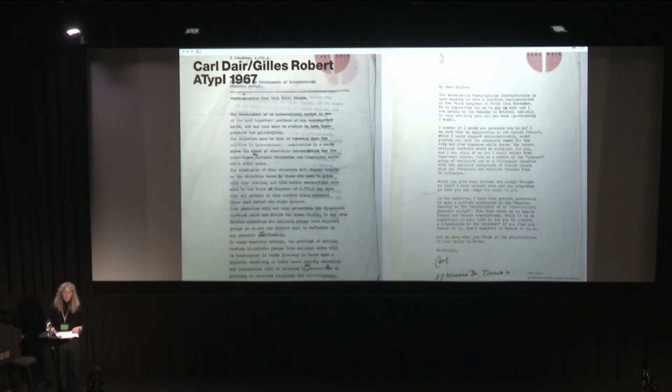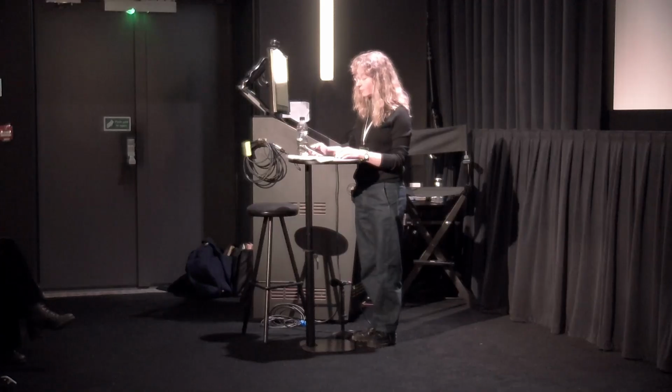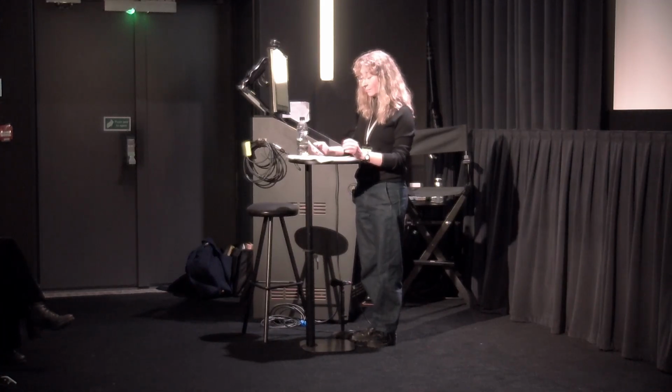Building on this idea of communication beyond language barriers, I came across a 1967 exchange between Calder, an English designer, and Gilles Robert, a French-Canadian. Written as part of Dare's proposal, the letter shows him arguing that an international phonetic system would only deepen linguistic divides.